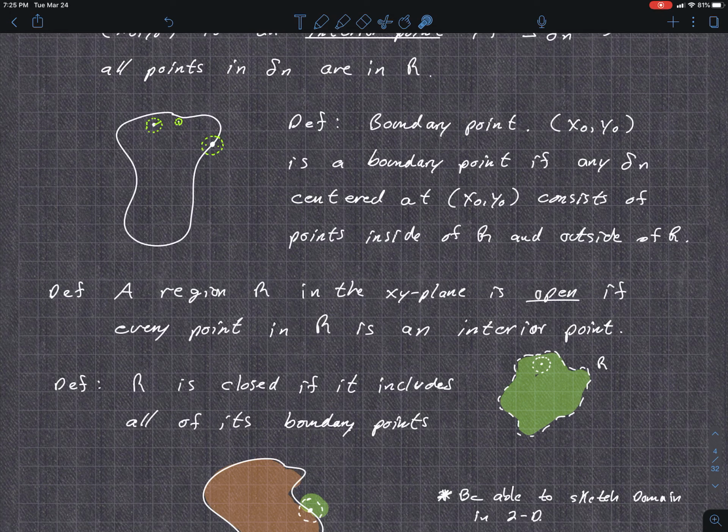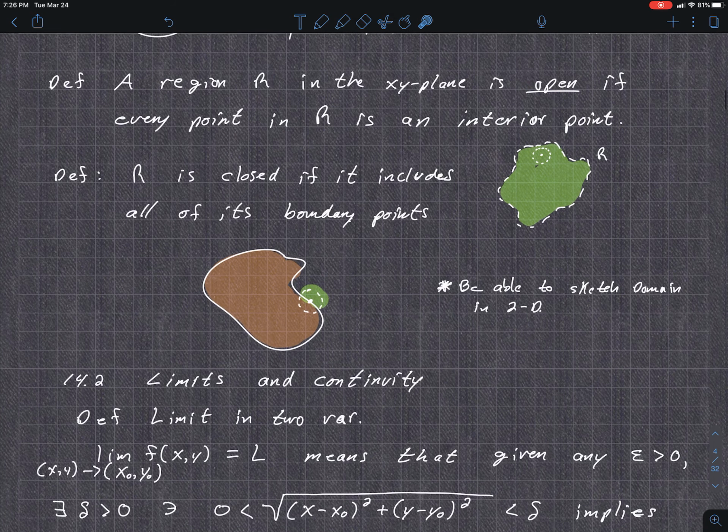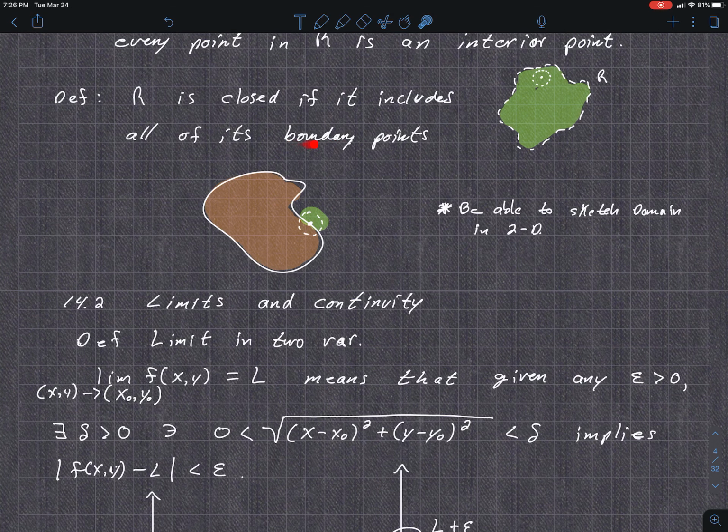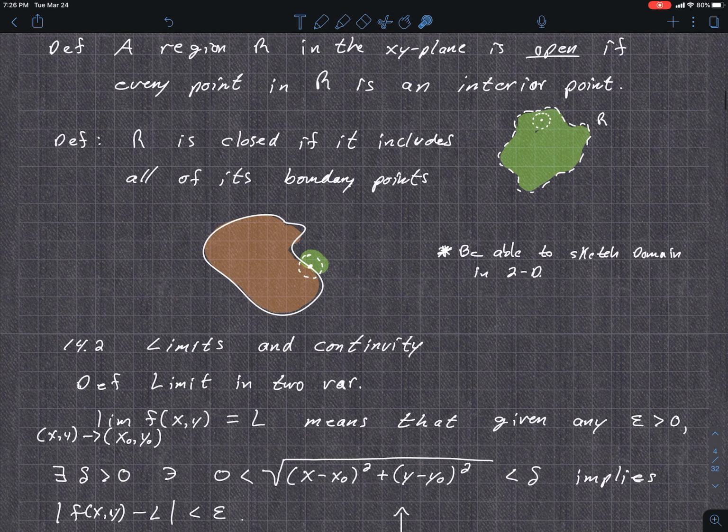If every point in R is an interior point, then it's open. All right. Okay, closed means it includes its boundary points. So it's all defined by those concepts. I'm not going to test you directly on that stuff. It's just all used in the definitions later, where you define regions to be open, closed, etc. Especially in chapter 16 later.